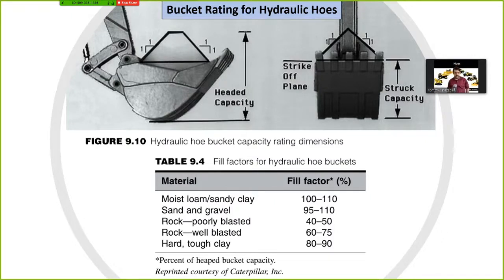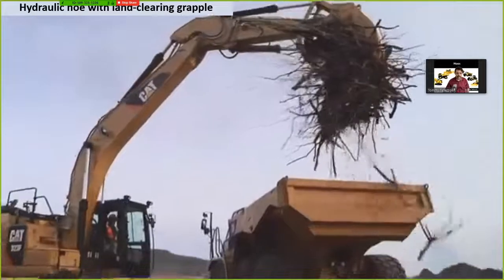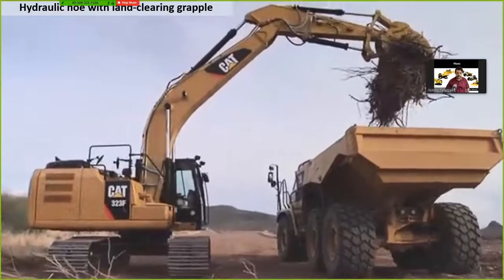Okay, sorry about the technical problems here. All right, so that is the fill factor, and that is a determining factor in finding the production of a hoe. So let's see a hydraulic hoe with land clearing grapple.